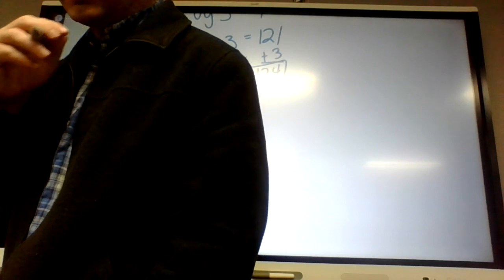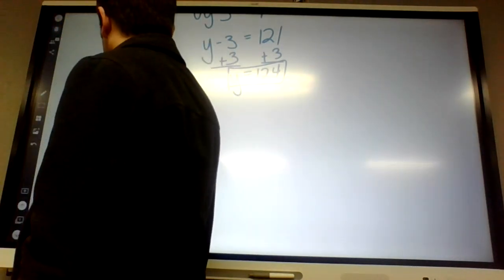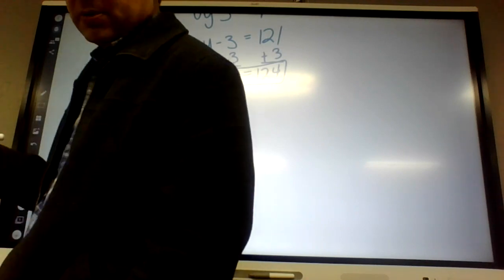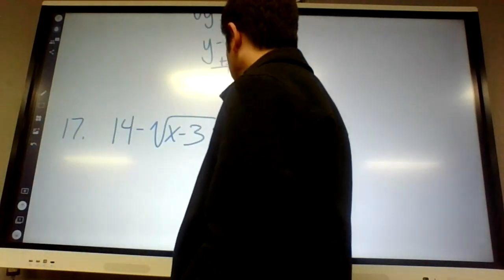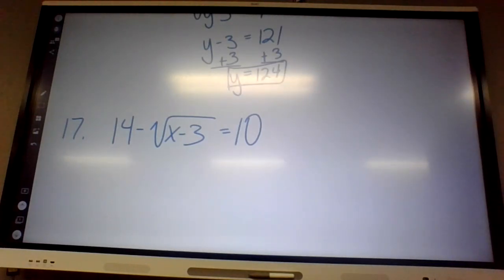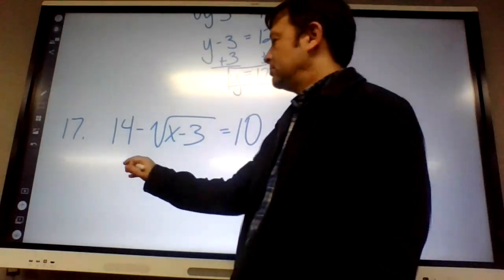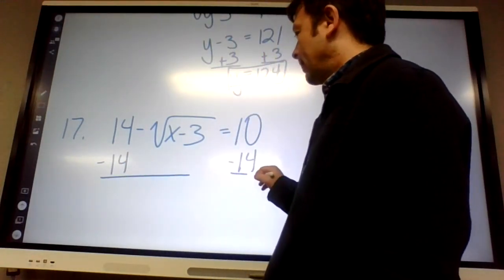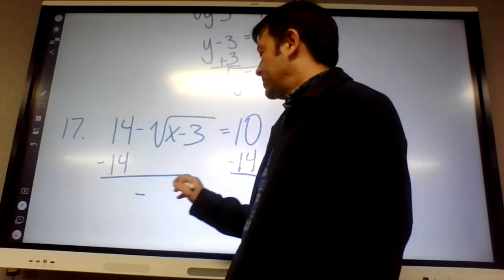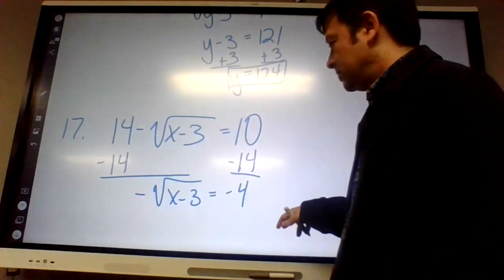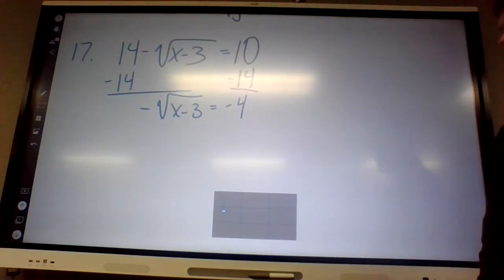17 equals 14 minus square root of x minus 3. Alright, Clayton, what do you think we should do first on this one? Subtract the 14. Yep. Don't forget to bring that negative down. Square it.